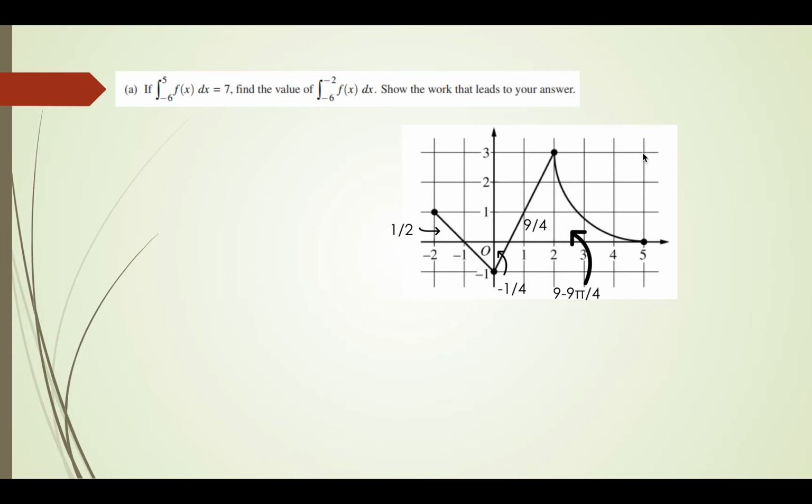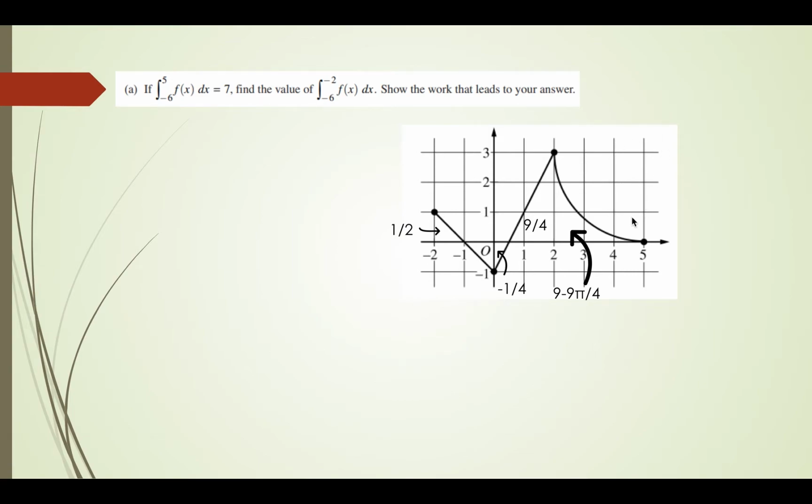Now, according to the prompt of the problem, they told us that this is going to be the quarter of a circle. The circle is centered right here, which means we have a radius of 3. So the whole circle, if it has a radius of 3, remember the area of a circle is pi r squared. And since 3 squared is 9, the whole circle would have an area of 9 pi.